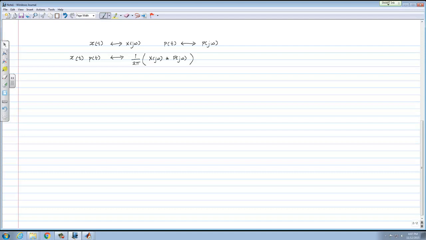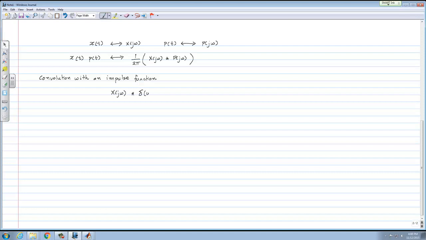Okay, and the last thing I want to recall before I move forward is convolution with an impulse function. Suppose I had the Fourier transform x of j omega, some arbitrary Fourier transform.